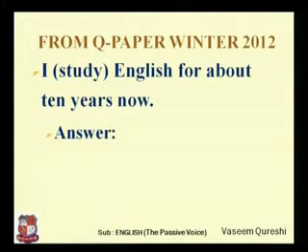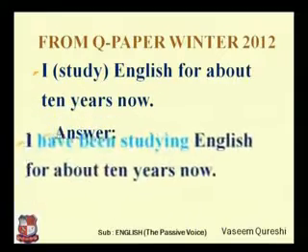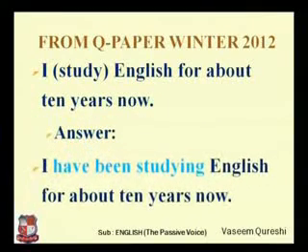In the same way, "10 years" with "for," though it has the word "now," reflects present perfect continuous tense. So the answer would be "I have been studying." In present perfect continuous tense, we basically use have or has plus been plus ing. So the answer is "have been studying."